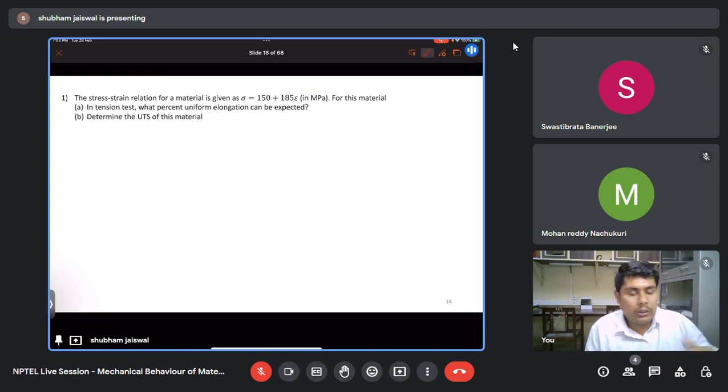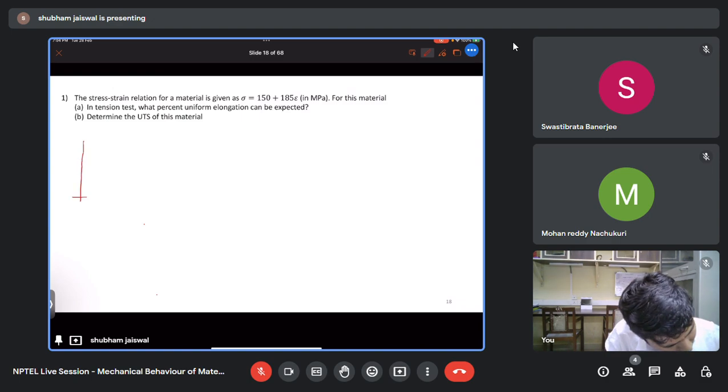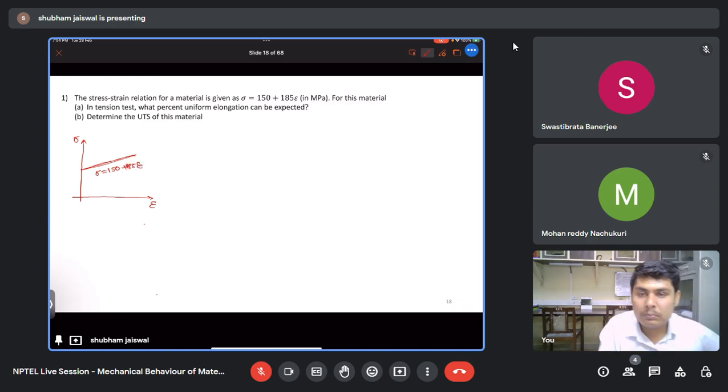Okay, so let me draw the stress strain curve for you. It is something like this, following the equation sigma is equal to 150 plus 185 epsilon.